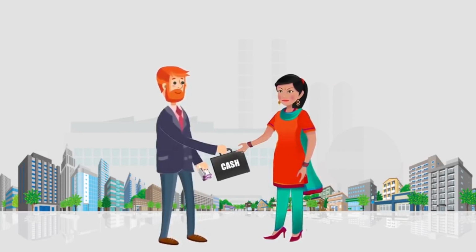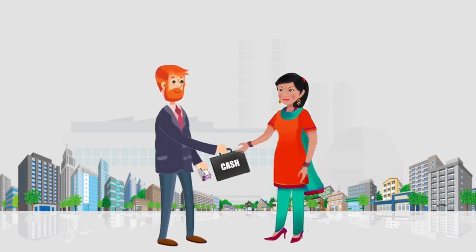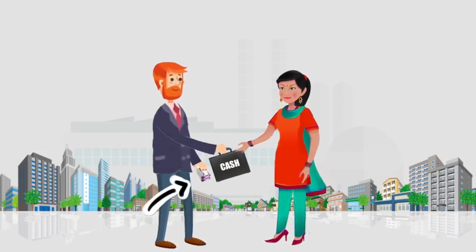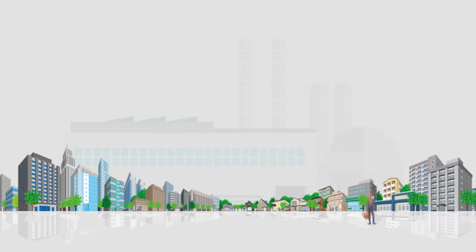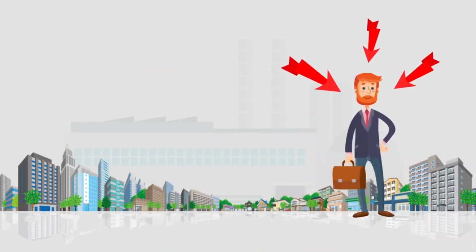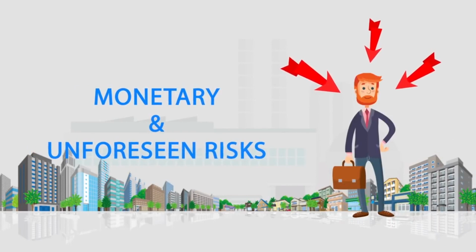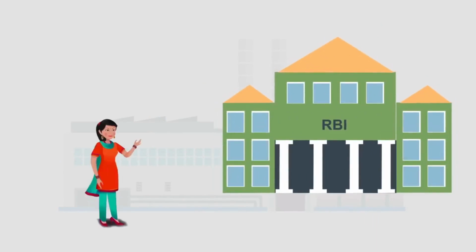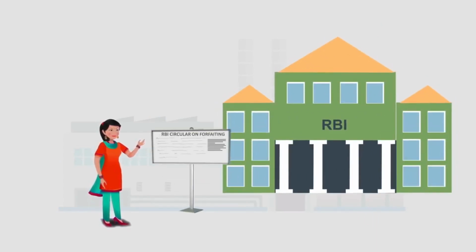The disadvantage to Niku here is that the value of this immediate cash payment would be at a discount to the actual receivable value. The advantage here is that any risks and responsibilities for collecting the debt are passed on to the forfeiter. Before forfeiting, Niku should go through the specific RBI circulars on forfeiting and ensure compliance.